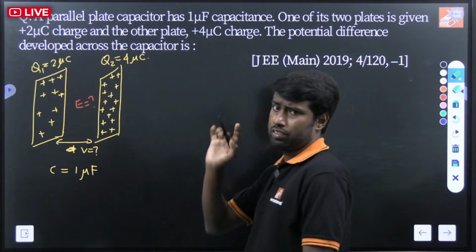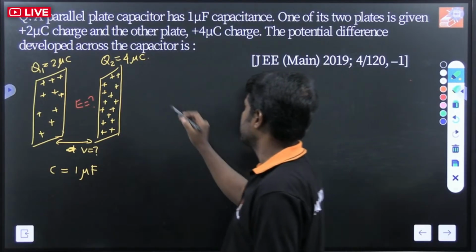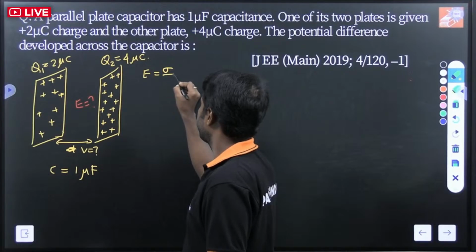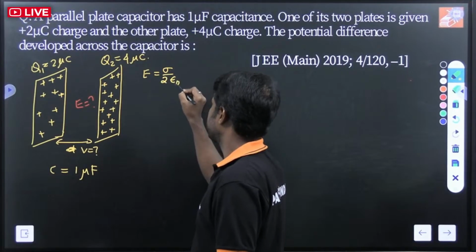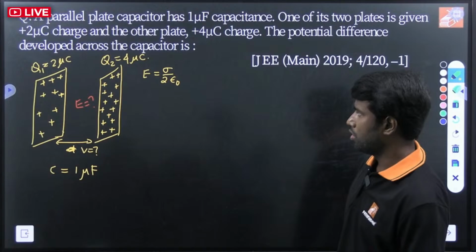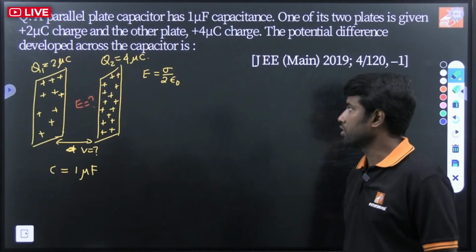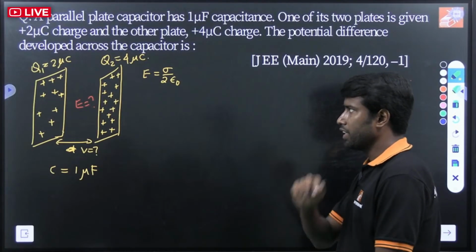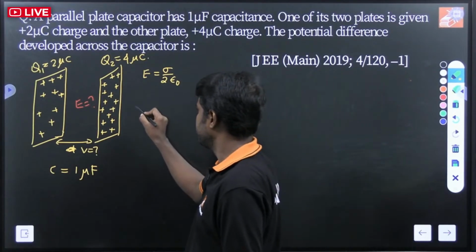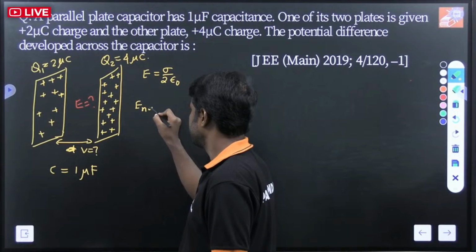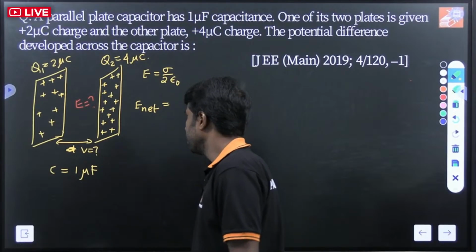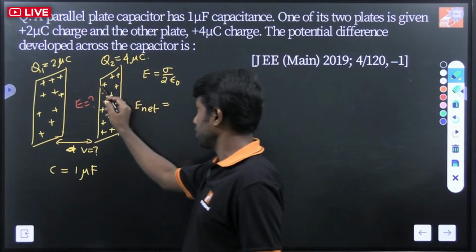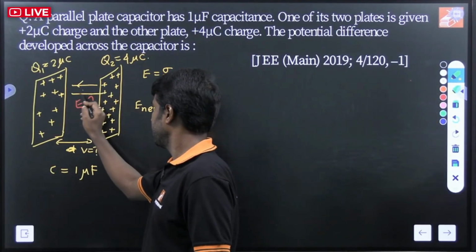For a conducting plate, we know the electric field intensity E is sigma by 2 epsilon naught. For the net electric field intensity, of course this side has more charge, so the electric field intensity will be in this direction.